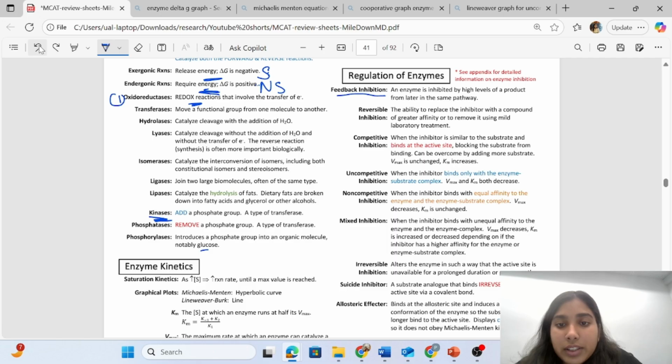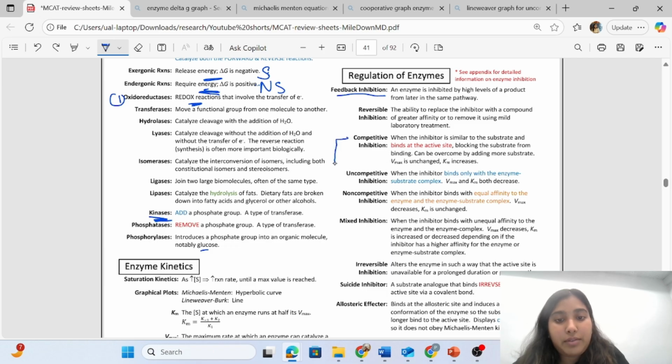The textbook definition is, you don't need to know it, but I'll just read: the ability to replace the inhibitor with a compound of greater affinity, or to remove it using mild or lab treatments. Okay. So reversible inhibition is of 4 types, as you can see. So it's competitive, uncompetitive, non-competitive, and mixed.